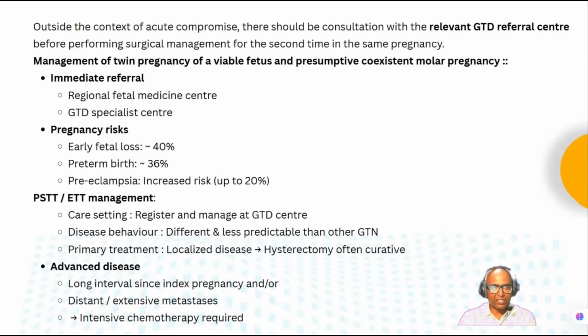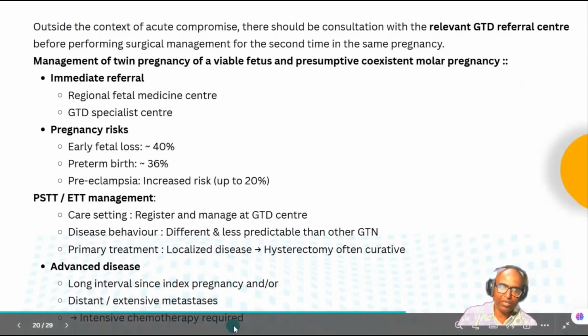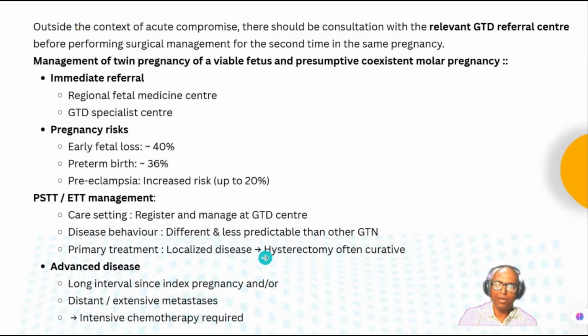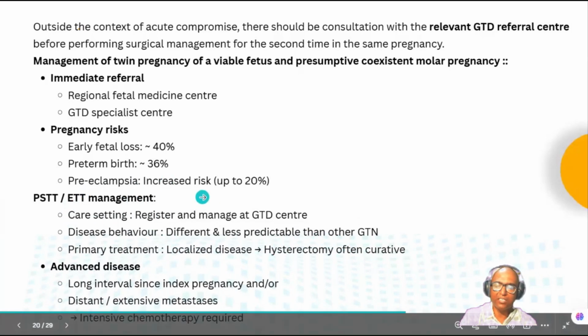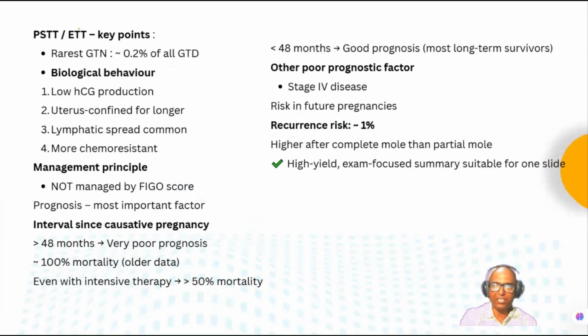And if the disease is advanced, with a long interval since the index pregnancy or extensive metastases, then intensive chemotherapy can be given. Otherwise, when the disease is localized, in cases of PSTT and ETT, you go for hysterectomy. Okay. PSTT and ETT are less chemo sensitive.